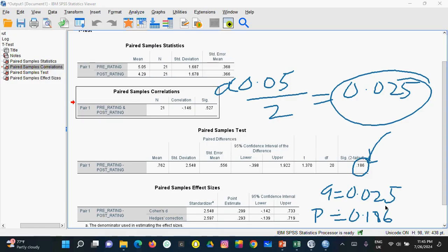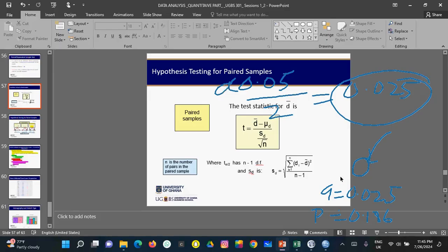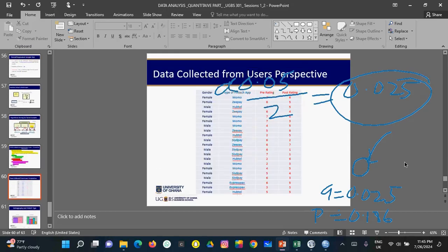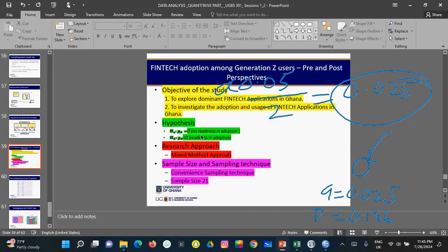So we fail to reject the null hypothesis, right? So our conclusion is that we fail to reject the null hypothesis as there is no readiness for adoption of the fintech application, because the null hypothesis is saying there is no readiness for adoption.